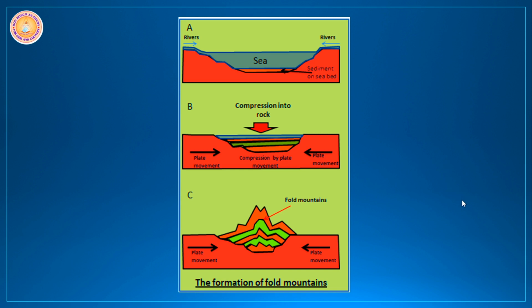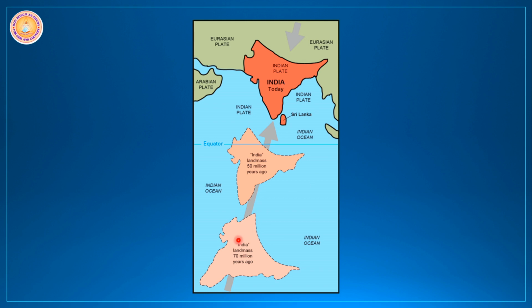Now, how did the Himalayas come into being? Nearly 60 to 70 million years ago, this part of our country, India, was located far away to the south of the equator.